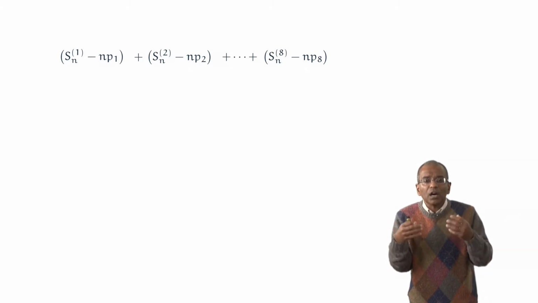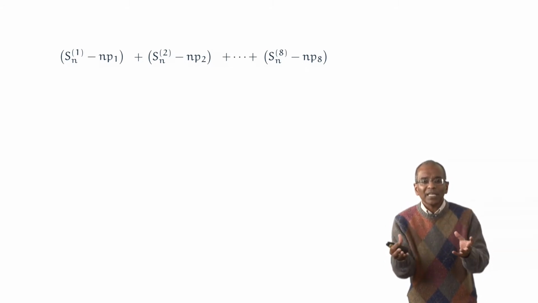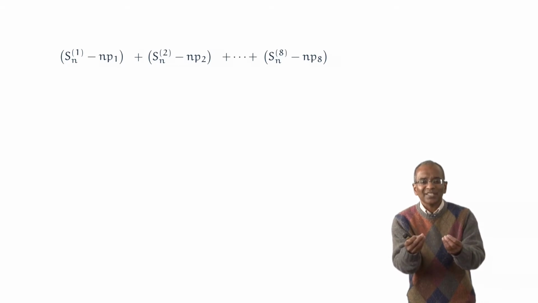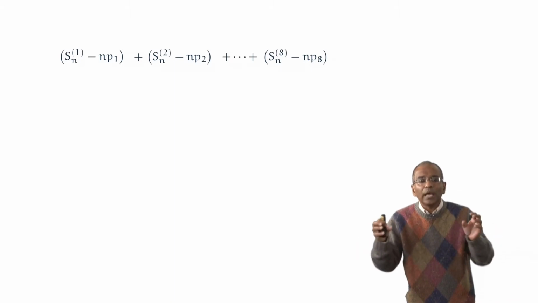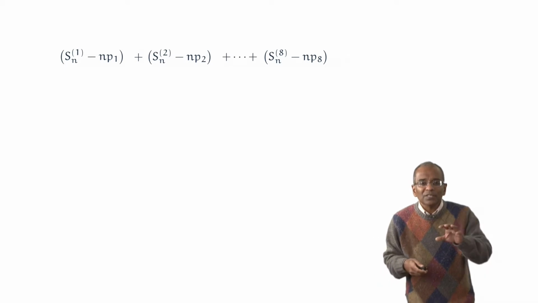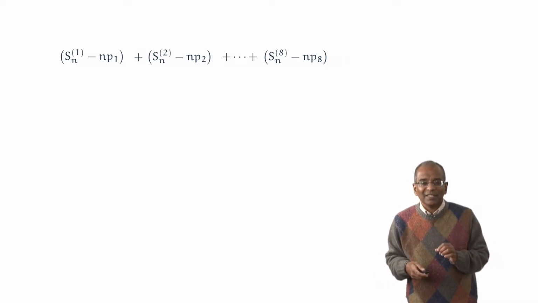So we could have accidental cancellations of large positive and negative numbers, giving rise to a spurious feeling of normality, that everything is okay, because the sum could be small, even though elements could be very large positive and very large negative. So this is not a good test.